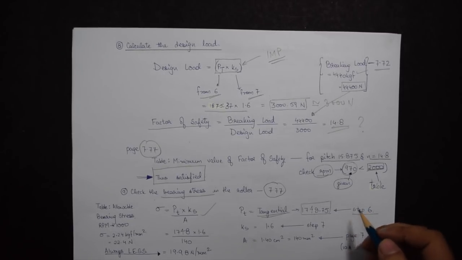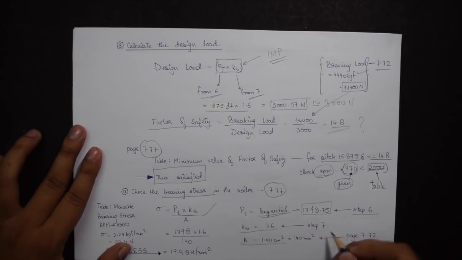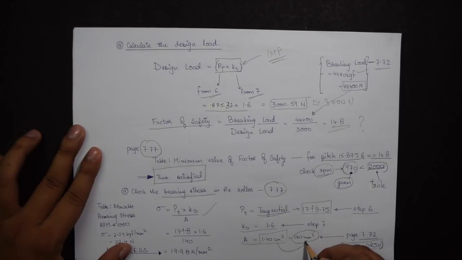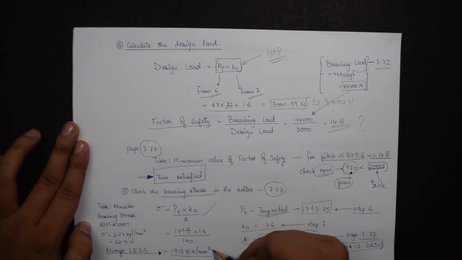Ks we got from step 7 and A is the area of cross section given on page 7.72 under the selection of 10A2 DR50. I hope you guys find this. Also it is given in centimeter square, so just convert it into mm square. Therefore, the value of sigma comes out to be 19.98 Newton per mm square.